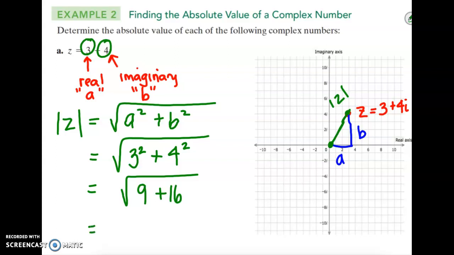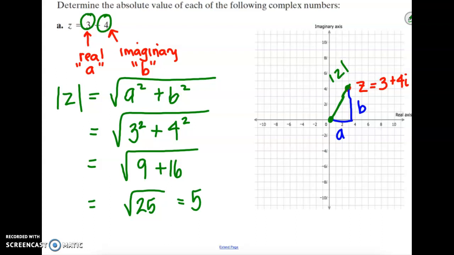Combine those terms together. Square root of 25, which is 5. So the absolute value of z is 5. So this distance from here to there is a distance of 5 units. That's what we just found.